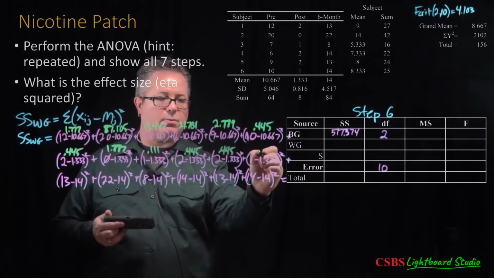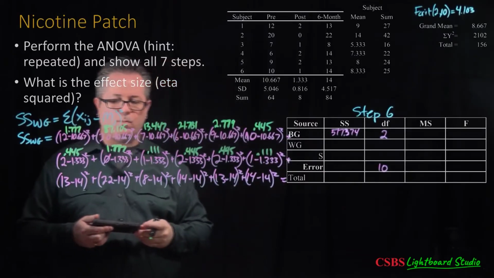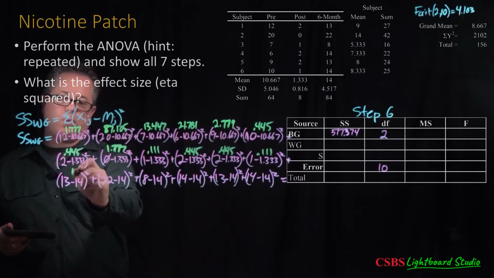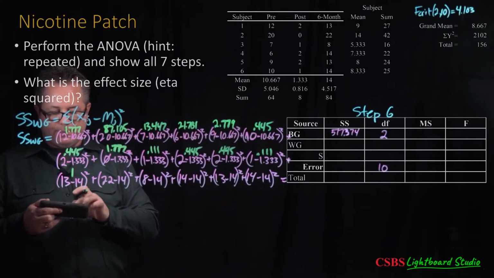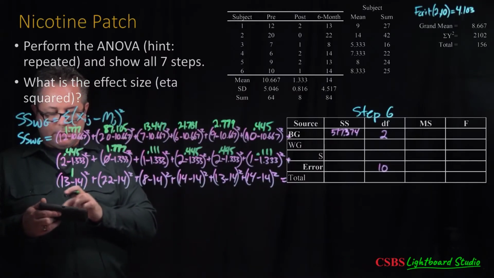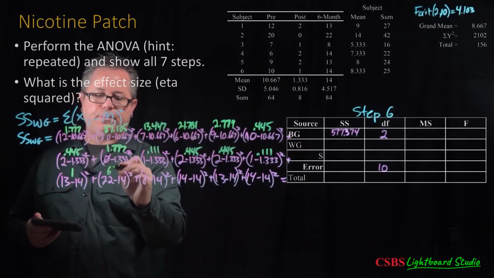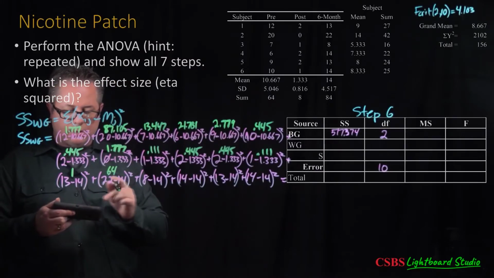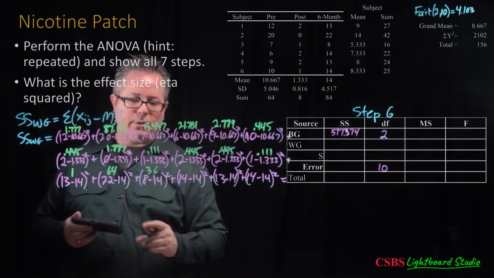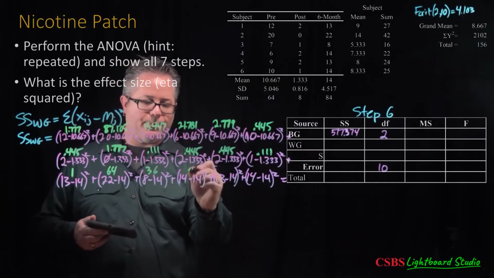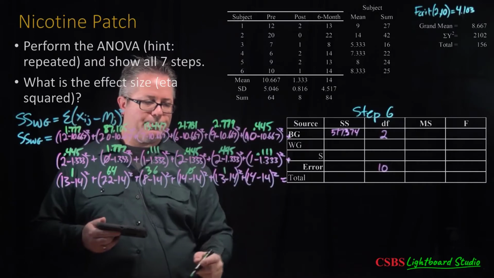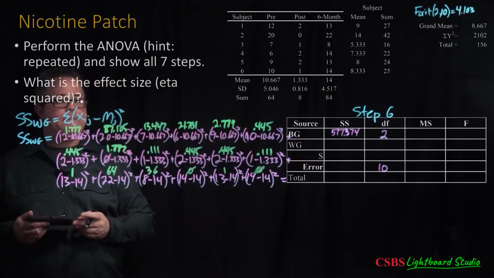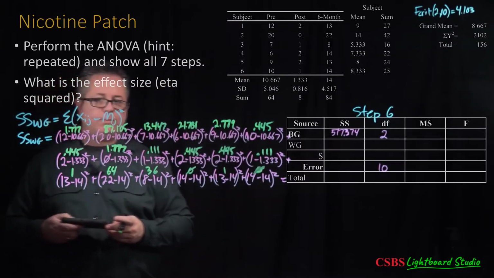And 1 minus this is also 0.111. Okay, so 13 minus 14 is negative 1, squared is 1. 22 minus 14 is 8. 8 squared is 64. 8 minus 14 equals negative 6, squared is 36. 14, that's 0. This is also 1. This is also 0. So we should be able to add all those up.